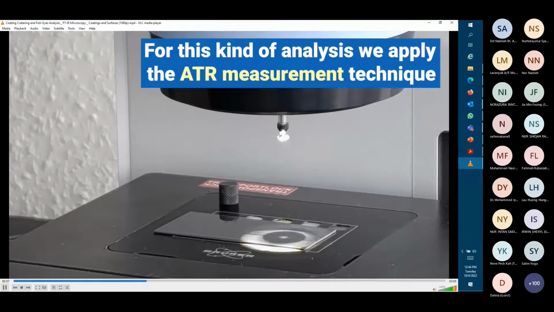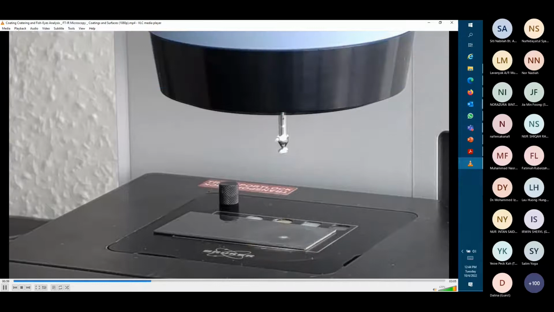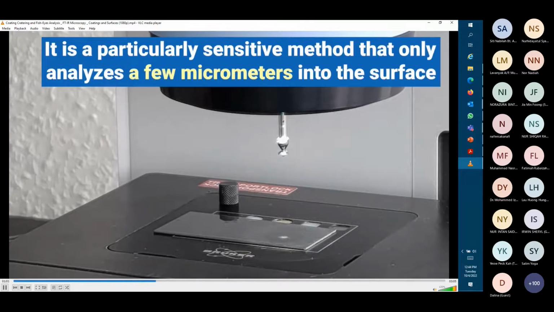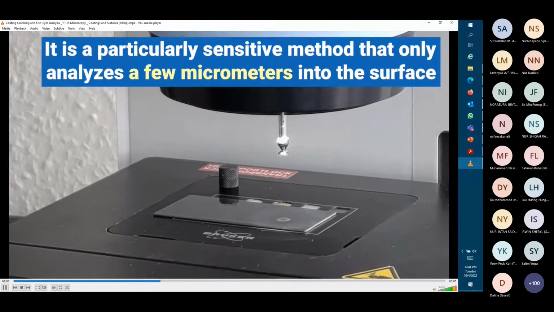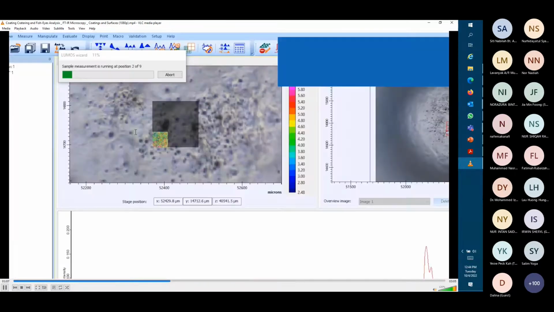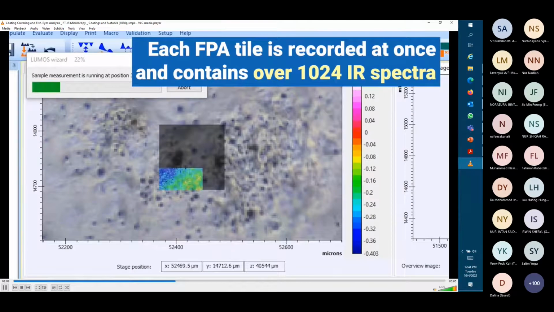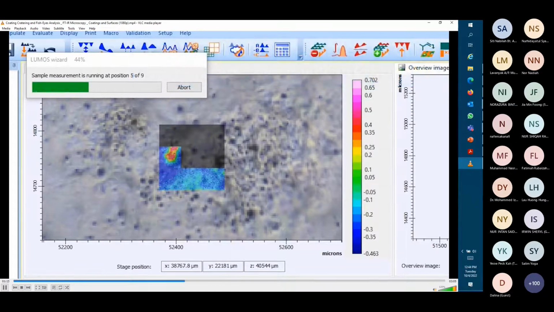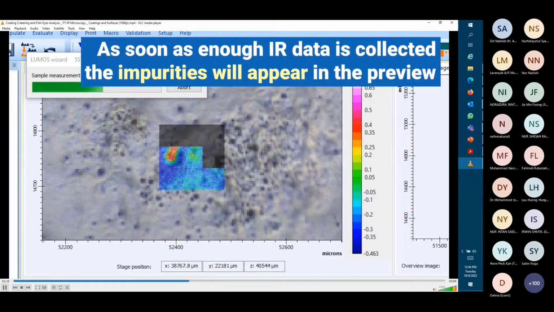This analysis is performed by using ATR measurement mode, and our ATR is actually inbuilt, so it's fully automated. This is the data collection, where you can see that it can be very fast, over 1,000 spectrums.